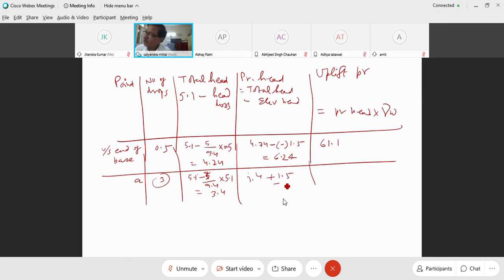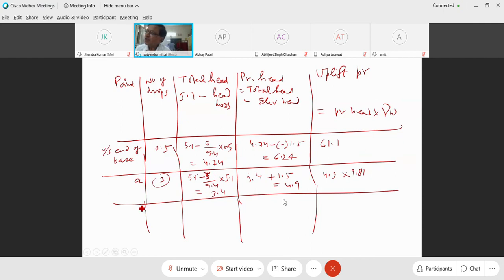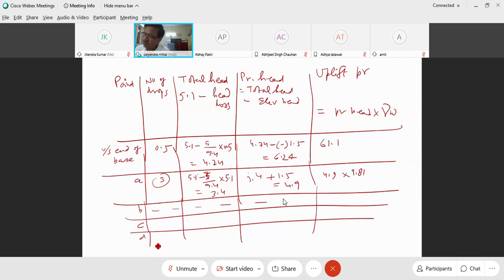This is coming as 4.9, and this is 4.9 into 9.81. Point B I have already calculated. Point B calculations you will write yourself. Then point C, point D, point E.